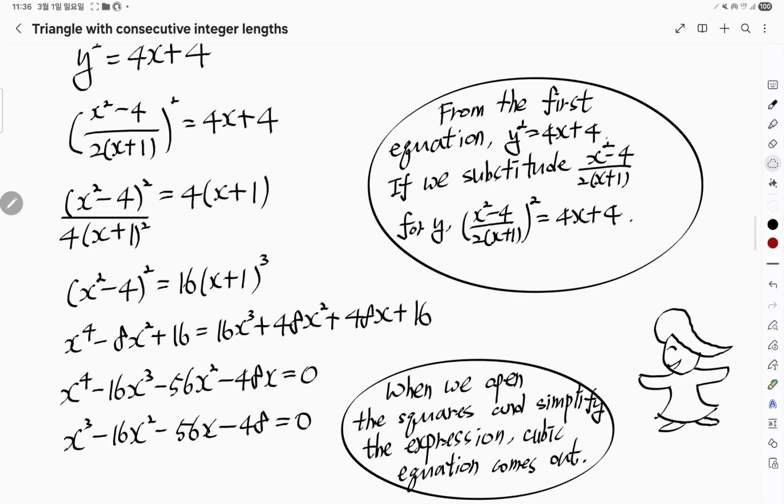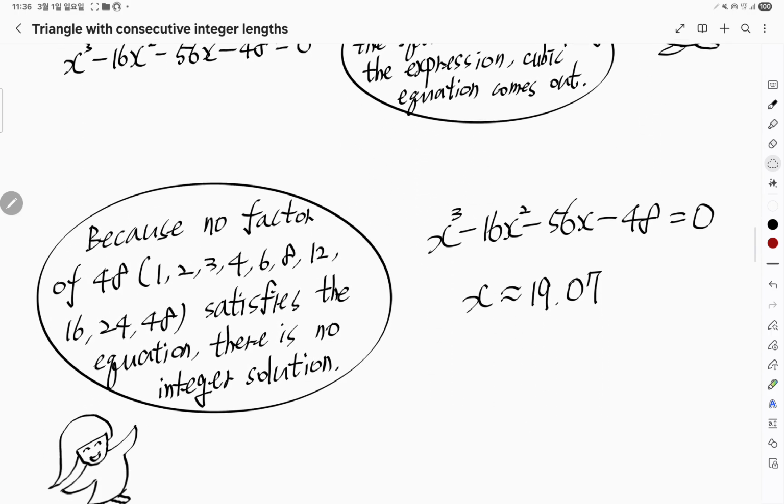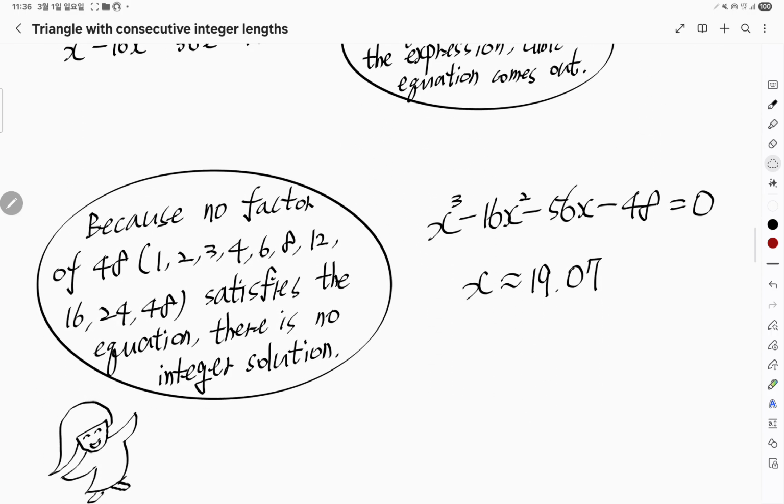When we open the squares and simplify the expression, a cubic equation comes out. Because no factor of 48 satisfies the equation, there is no integer solution. The actual value of x is close to 19.07.